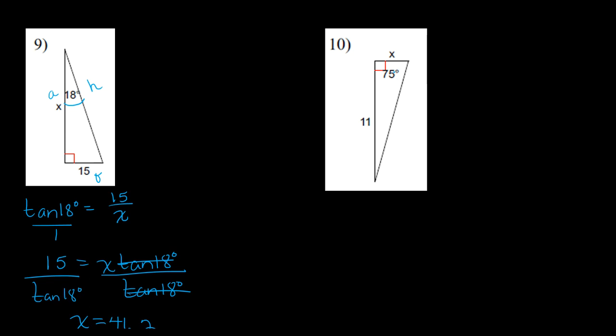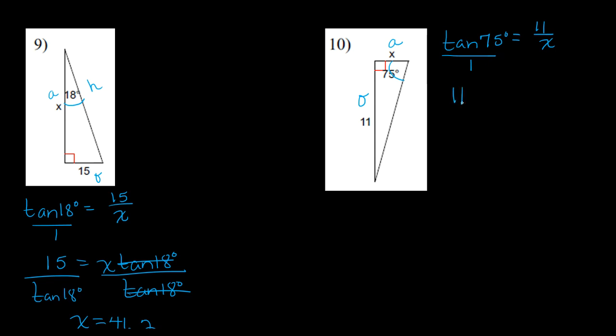Number 10, so our reference angle is this. This is the 75. So 11 is going to be the opposite, and x is going to be the adjacent. So we're not doing anything with the hypotenuse, so that deals with tangent. So the tangent of 75 degrees is equal to the opposite over the adjacent.